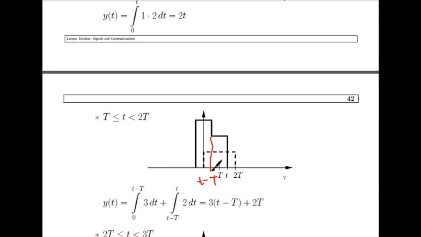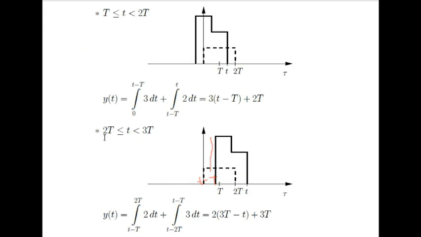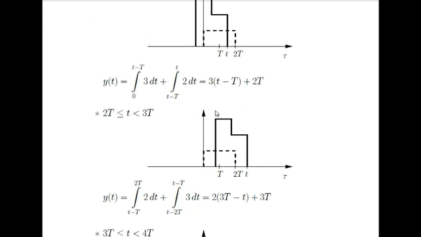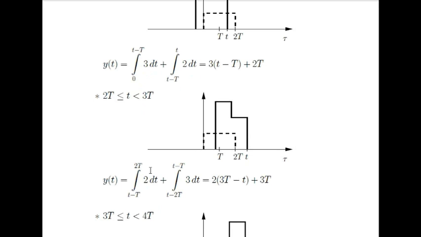Now let's see for t between 2T and 3T. The graph will look like this.